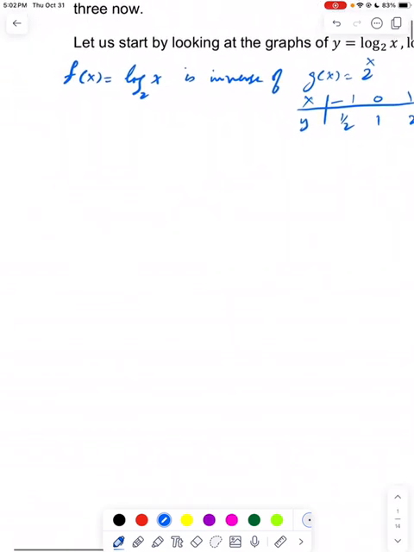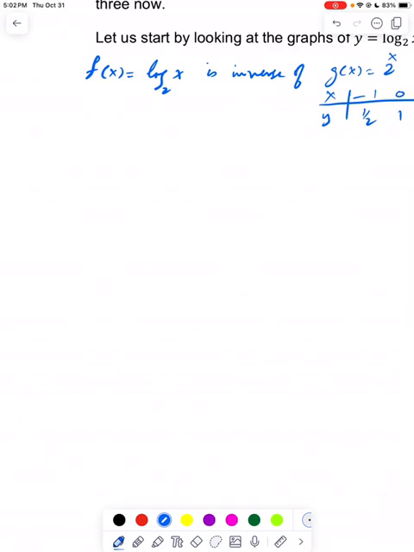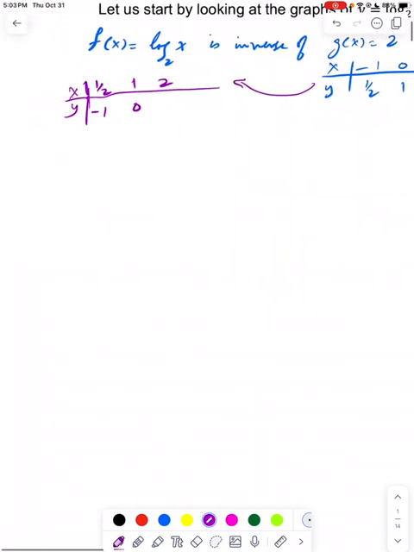So now we can use this table to get our points for the logarithmic function log of x to the base 2. But now what will happen, the values will get interchanged. The y values will become the x values here. So 1/2, 1 and 2 go up here, and the -1, 0, and 1 come for the y values.